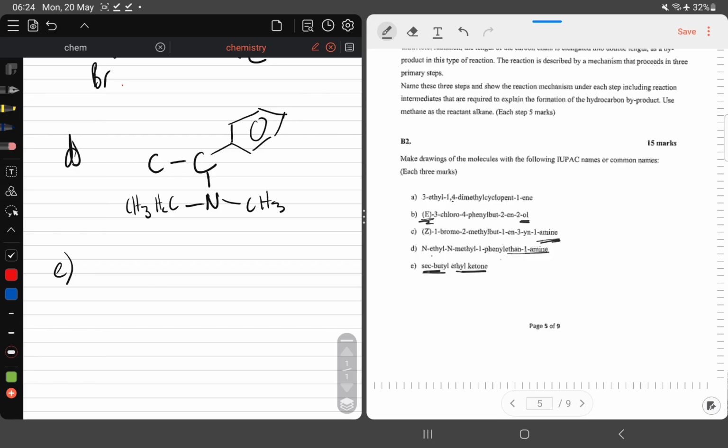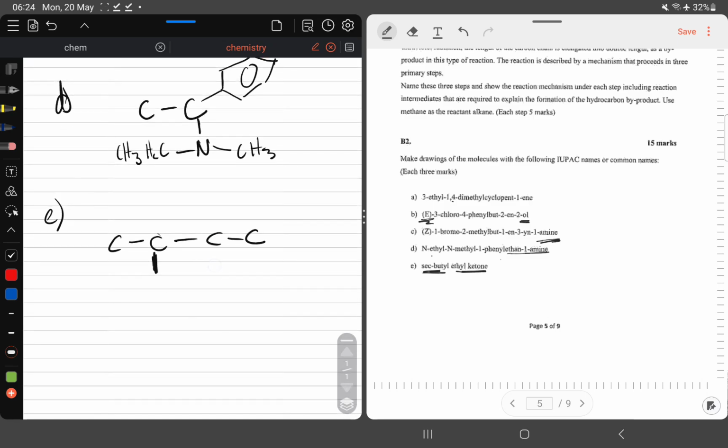So what is my sec-butyl? You'll be having 4 carbons, right? But it will be connecting on the second carbon, not on the first. If it's connecting using the first, it's just the normal butyl. So this is a substituent, but it's connecting via the second carbon, okay?